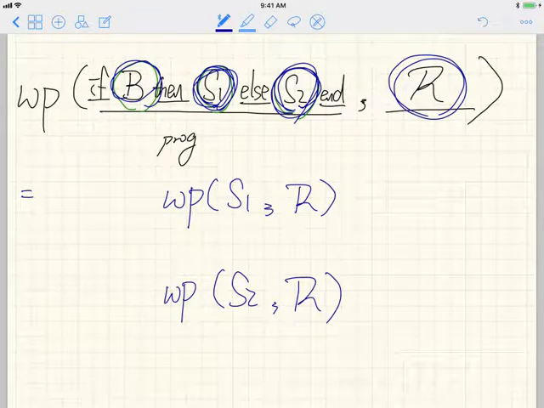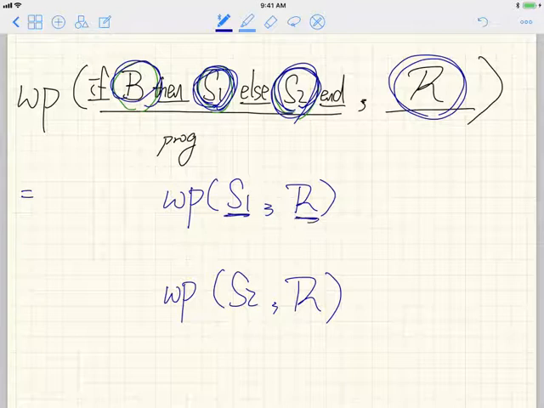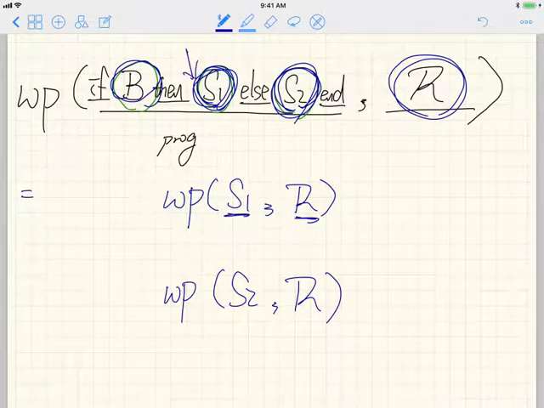However, this is kind of lacking the context over here, because when I say S1 is going to establish R, I'm missing some information. When I'm actually at this point to execute S1, I have some extra information I can make use of, which is, if I reach S1, that means B must be true. Otherwise, I cannot reach there, okay?